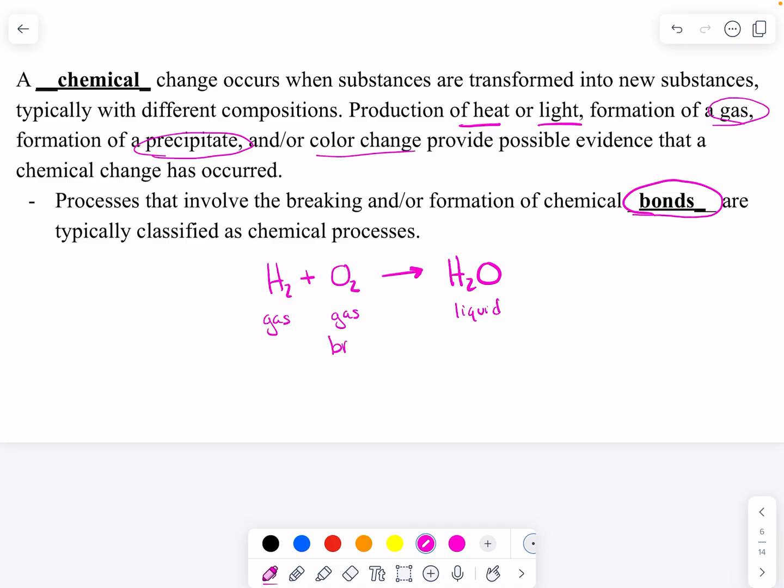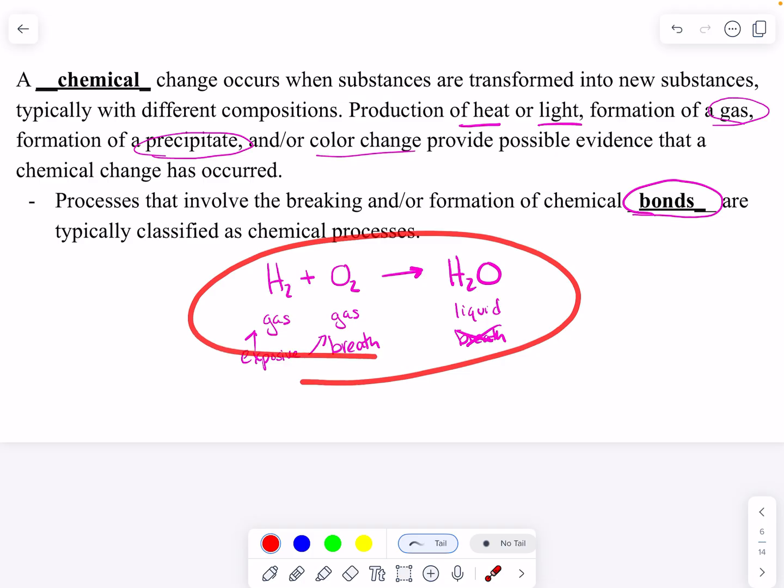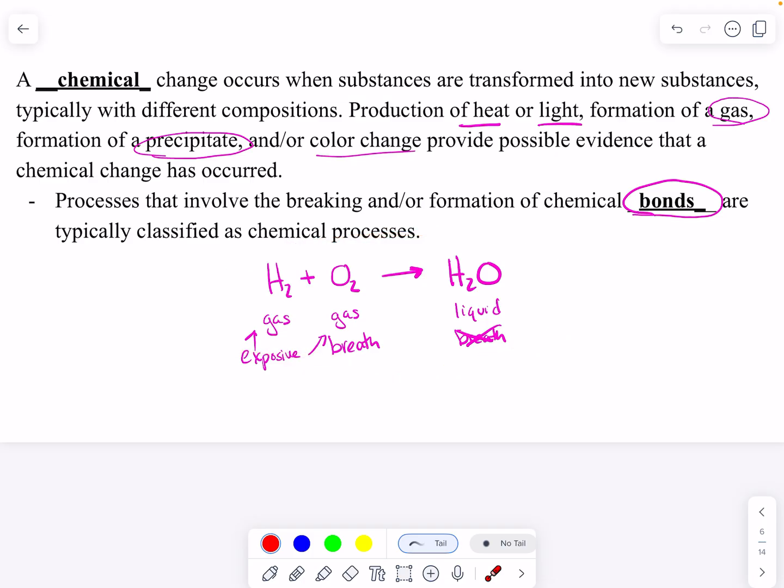We need to breathe this in. We can't breathe in water, right? This is explosive. Both of these are. And this puts out explosives, right? So key thing is properties, chemical and physical change when something undergoes a chemical reaction, okay?